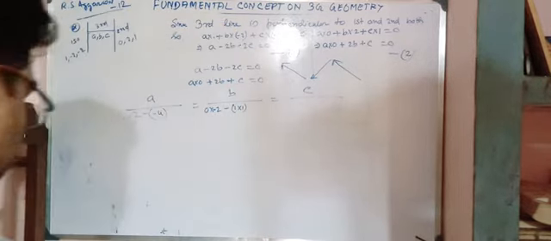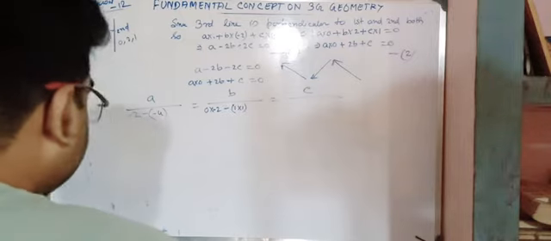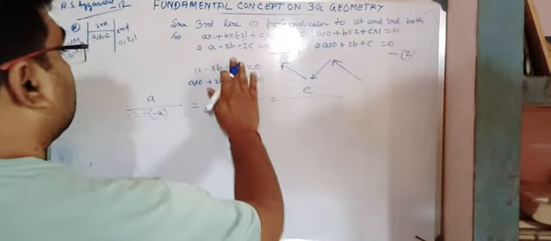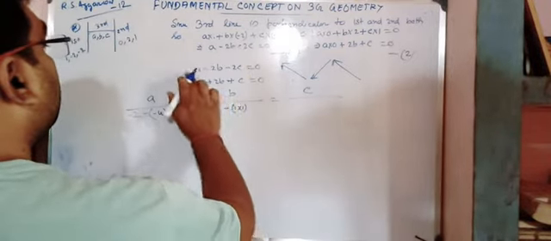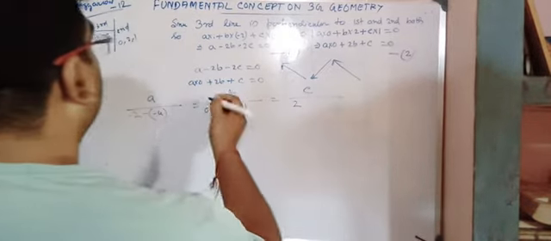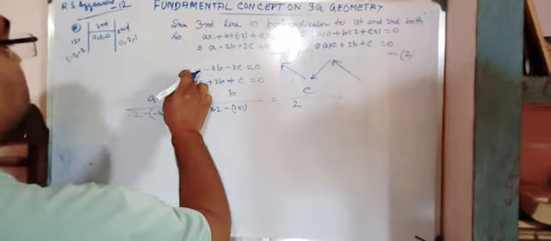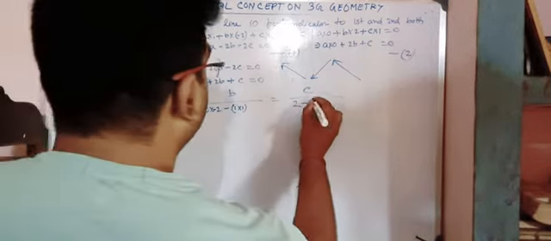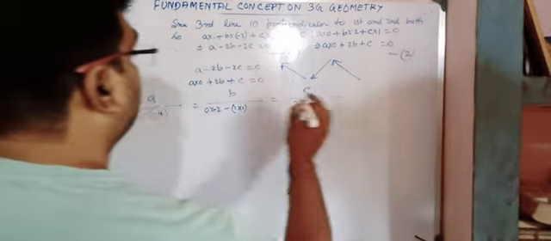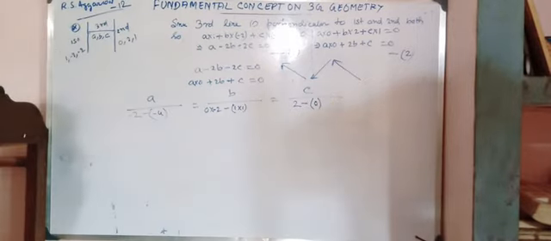Understood that? Next, for c, again we press over here: 2 into 1, that is 2, minus 2 into 0, that is 0.